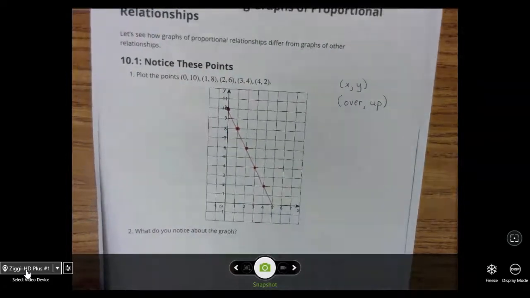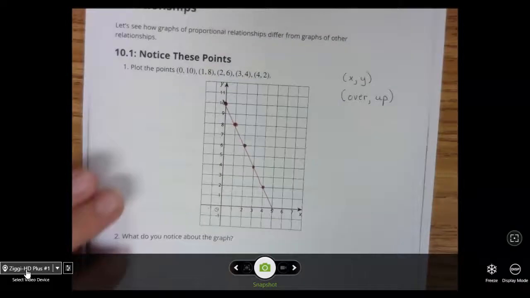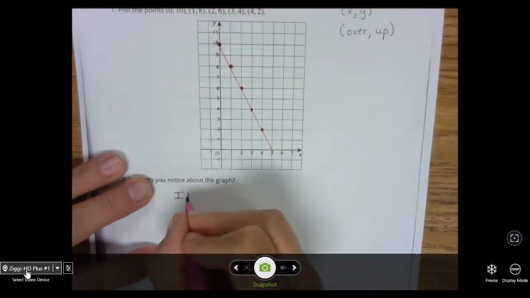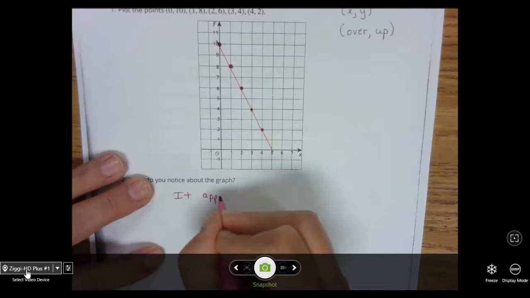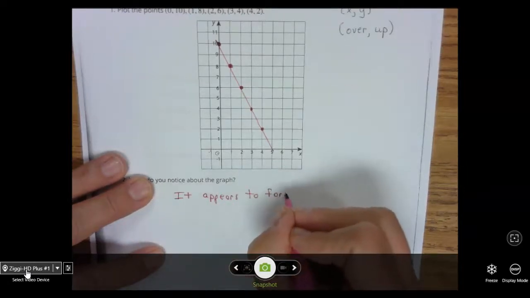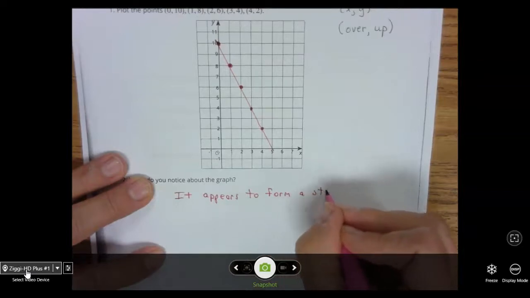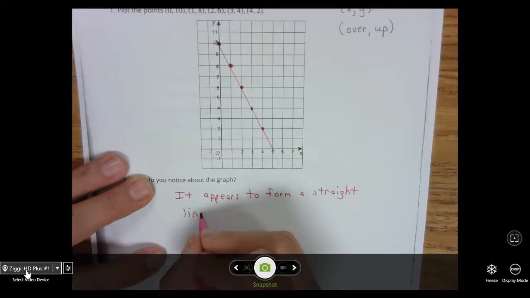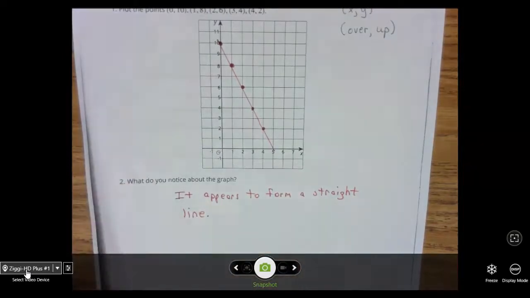Well, it appeared to form a straight line, didn't it? Okay, something else that you might see when you're looking at that is that the line seems to go down from left to right.